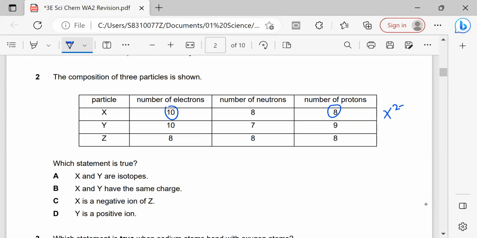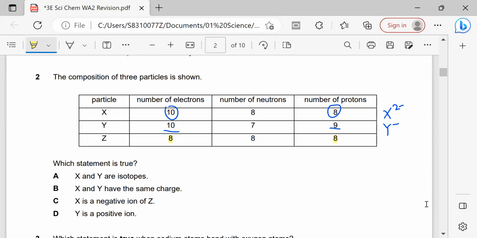Particle Y, on the other hand, has 10 electrons and 9 protons. There's 1 extra electron. This means that Y is also a negative ion, but the charge of Y will be -1 instead of -2, as in the case of particle X. Then in the last particle, particle Z, the number of electrons and protons is the same.